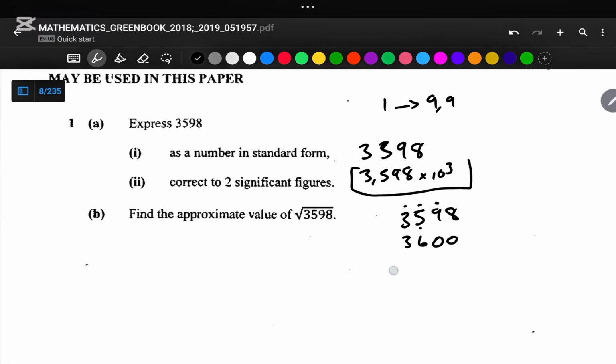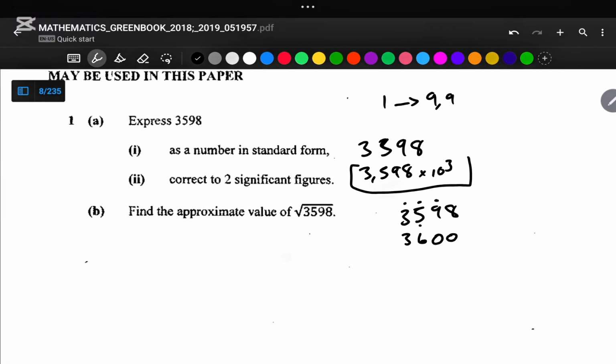Let us move on to part B of question number 1, which says find the approximate value of the square root of 3598. The approximate value of 3598 is 3600, so our approximate value will be the square root of 3600. We can simply take the square root of 36, which is 6, so the square root of 3600 is equal to 60.